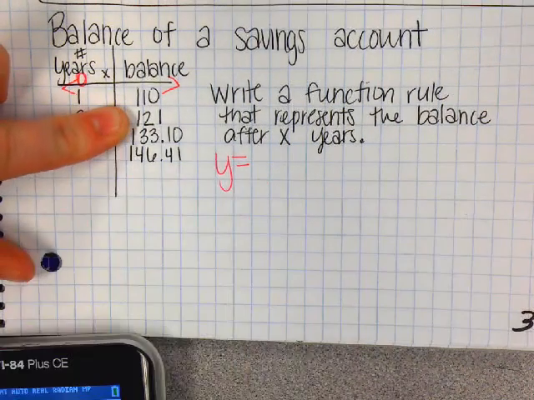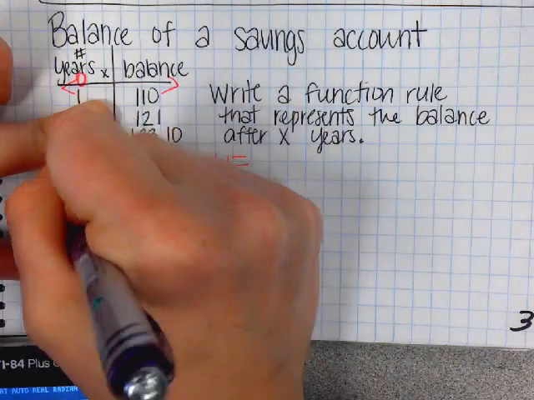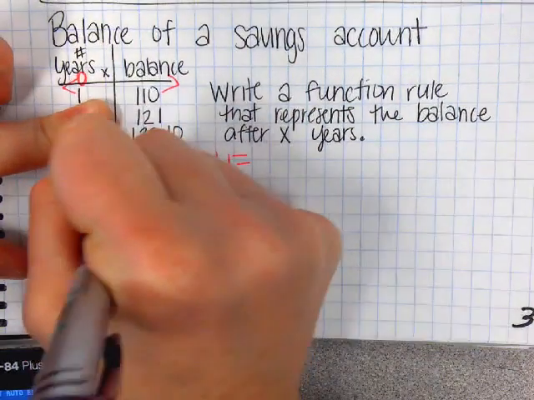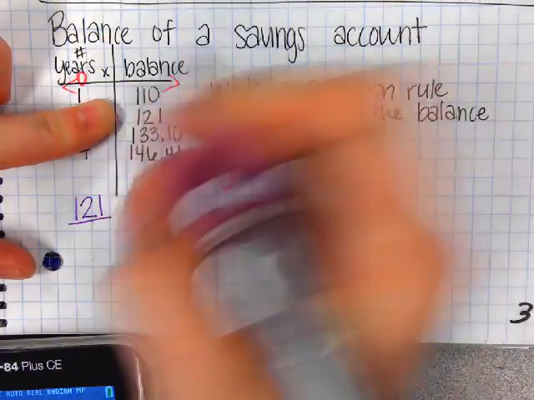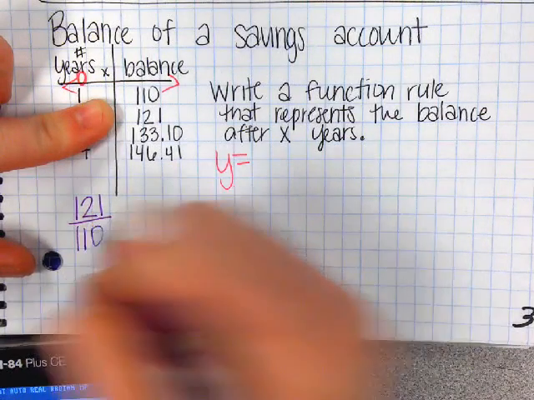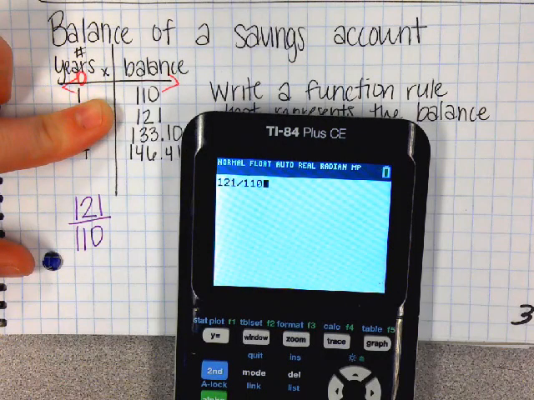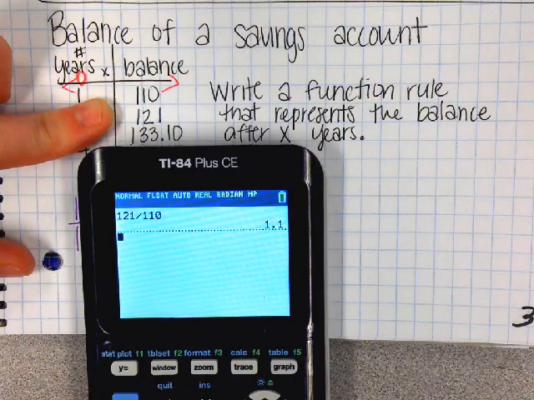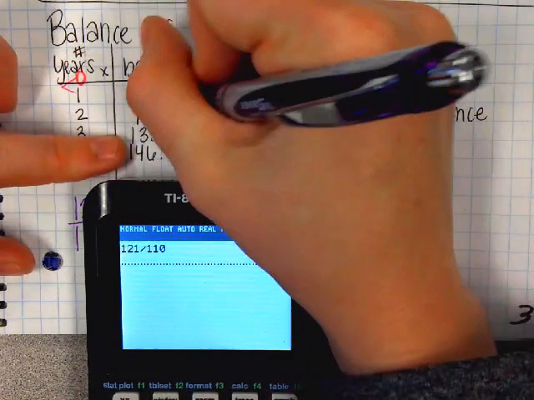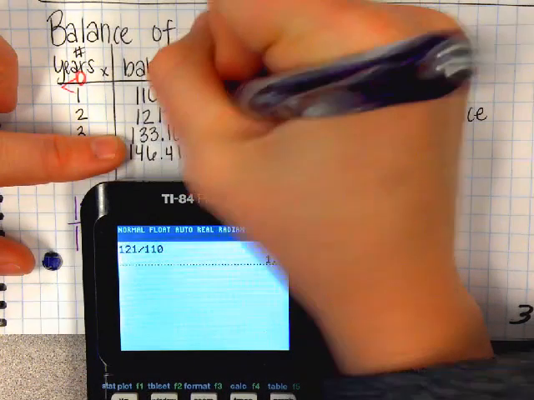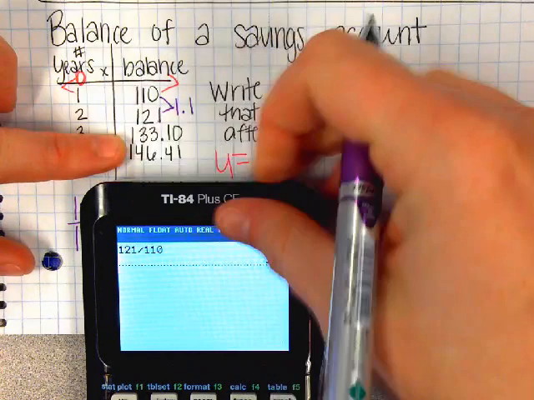So this is how you're always going to do this. You're going to take 121 and divide by the previous term, 110. What is 121 divided by 110? 1.1.